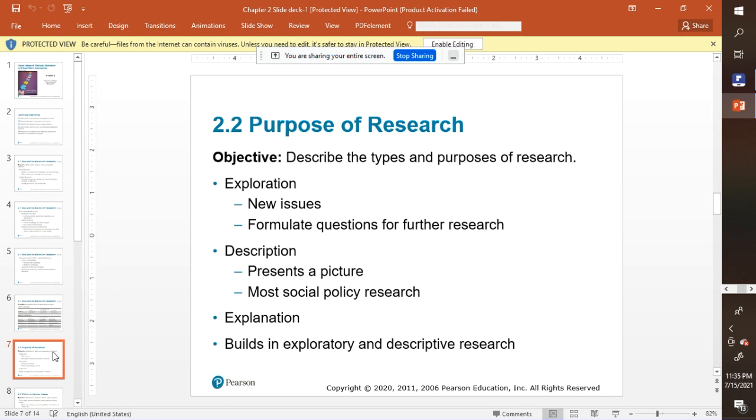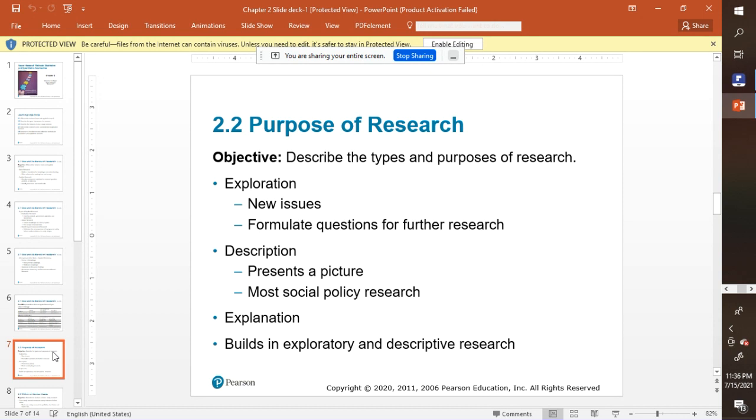Now, what is the purpose of research? We can say that the purpose of research is to explore. You have to explore to come up with new findings, new issues, and also to formulate research questions: how, who, when, and find out what this is about.